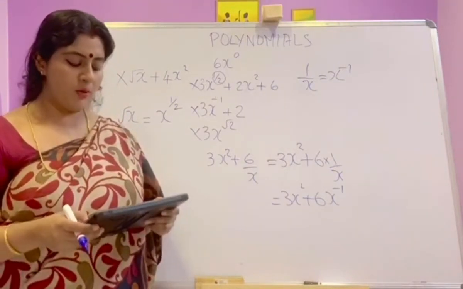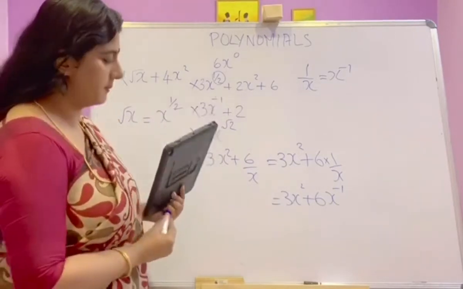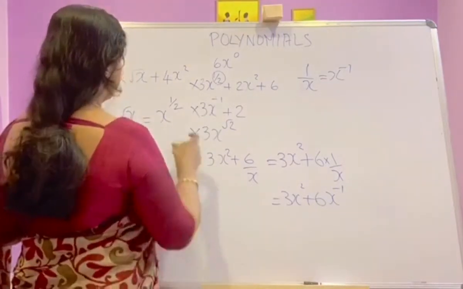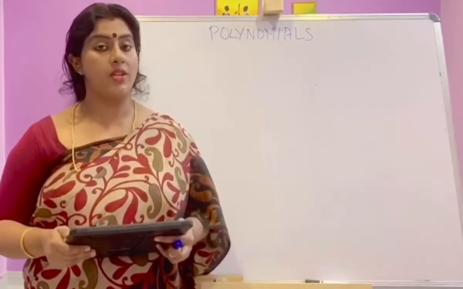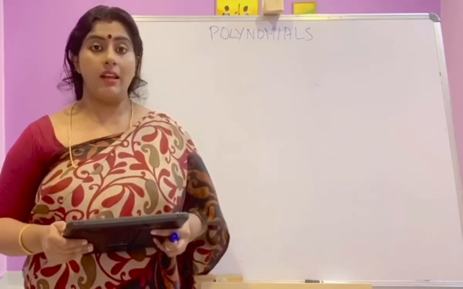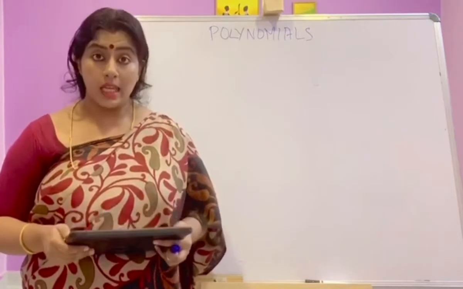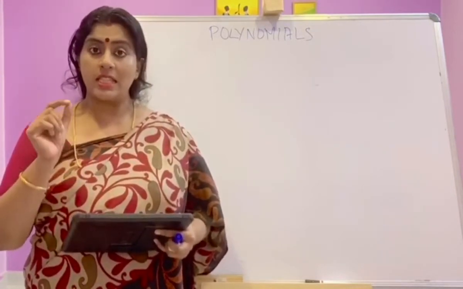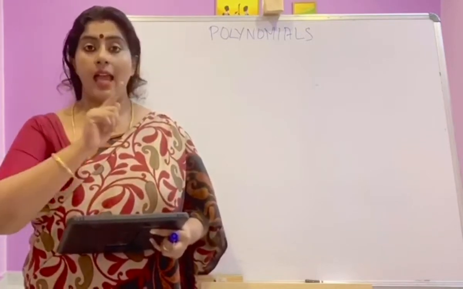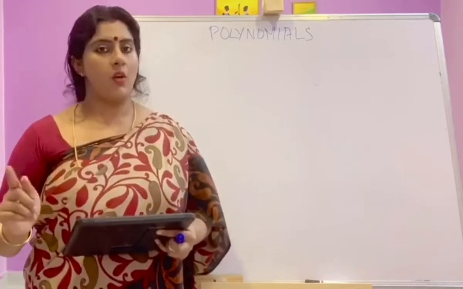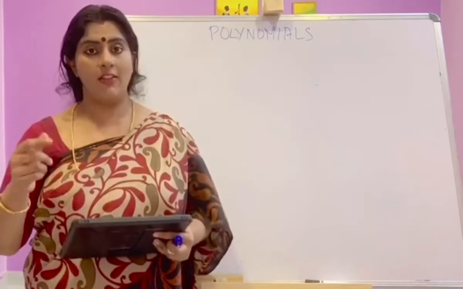Now we can move to the relationship between zeros and coefficients of a polynomial. To check the relationship, we can first check from a linear polynomial. Here a zero means a value which is substituted for the variable and the answer should be 0, and that substituted value is the zero of the polynomial, and coefficients are the constant terms along with the variables.